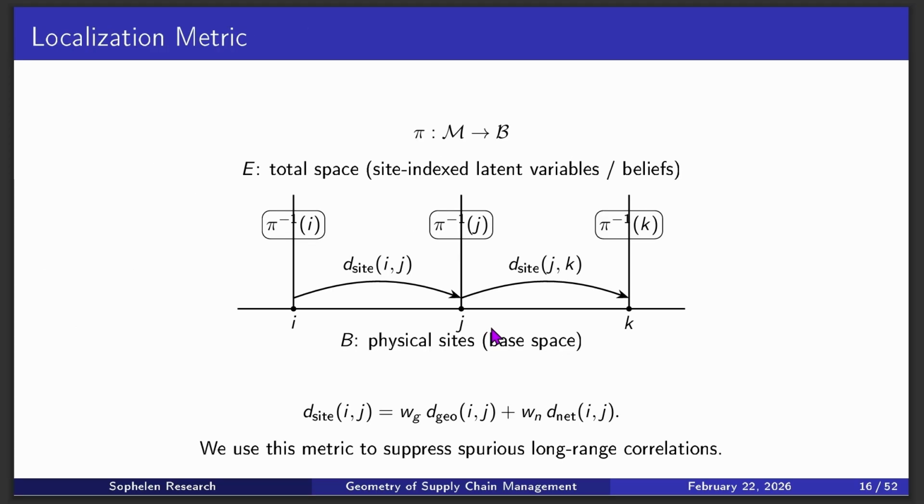Something that we have to do is calculate the distance between physical sites. It would be a combination of geographical distance and network distance, and we have to put more weight on the network distance. Why do we do this? Because we want to suppress spurious long-range correlation. What does this mean?